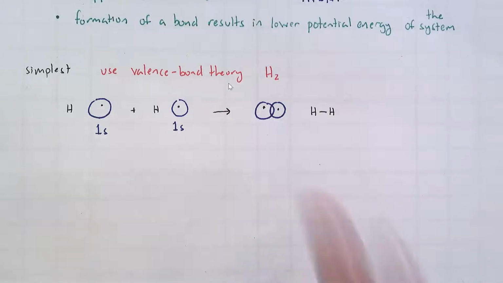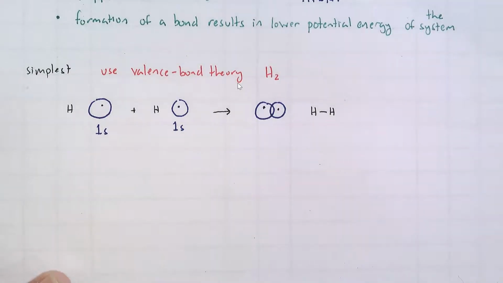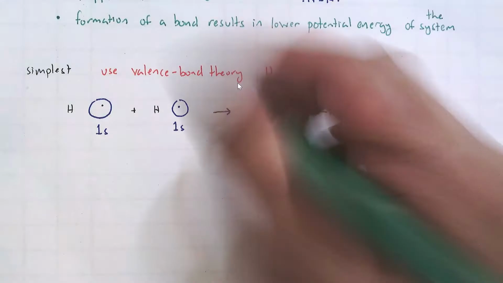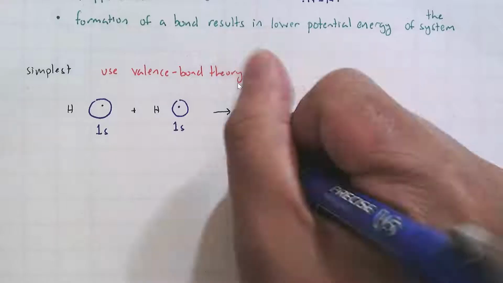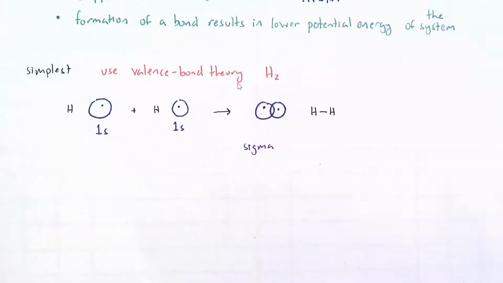Now, what else do I want to say? Oh, this bond has a special name, and let me tell you what a sigma bond is. So the symbol for sigma is like that.